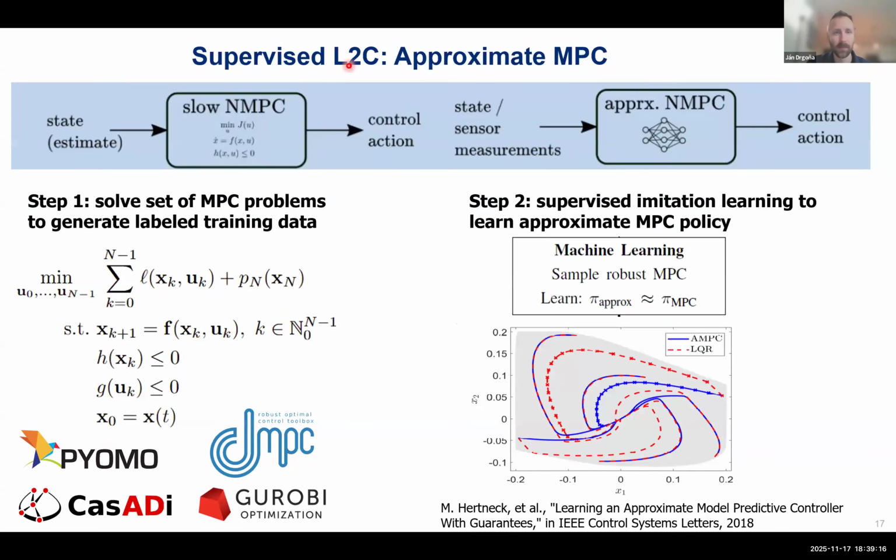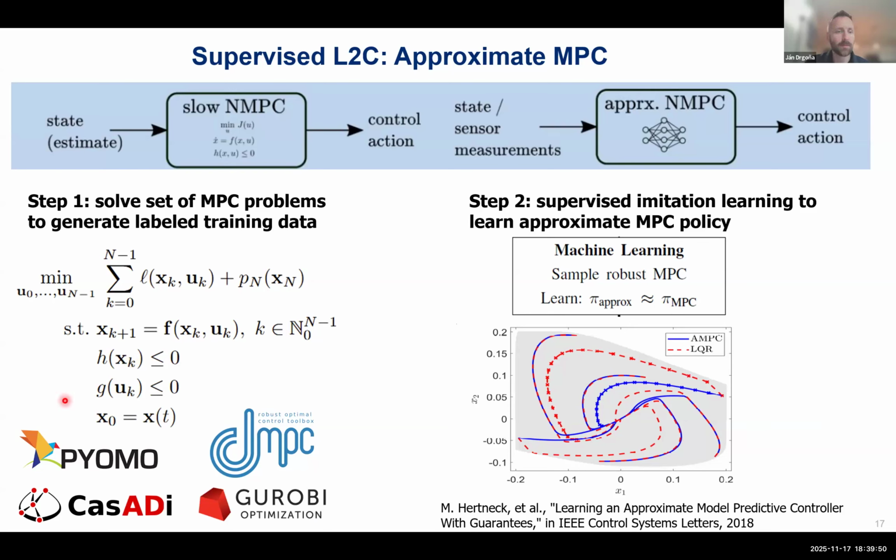In the supervised setting, in approximate MPC, we start with solving a bunch of MPC problems. We know the problem formulation, we know the cost function, the stage cost, the terminal penalty, we have the system dynamics, we have the constraints. We formulate our optimal control problem to solve it over a sequence of control actions over a finite horizon using your familiar tool, whether it's Pyomo or CasADi or do-mpc, and solve it with interior point or Gurobi or another solver that matches the problem.